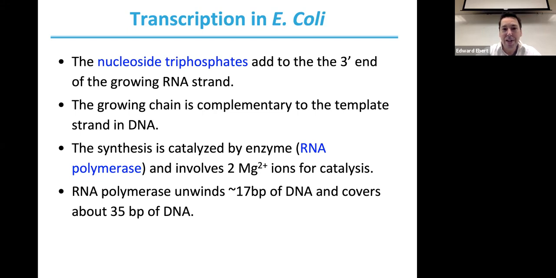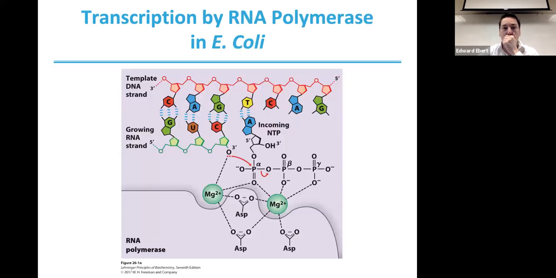The synthesis gets catalyzed by the enzyme RNA polymerase and involves magnesium ions again, because you have those large phosphate groups in there. So the magnesium helps diffuse that big negative charge. We're actually going to see our RNA polymerase bind to our DNA, unwind about 17 base pairs worth of it, and it's going to cover about twice as much as that.